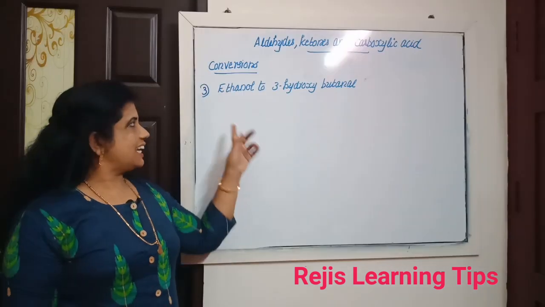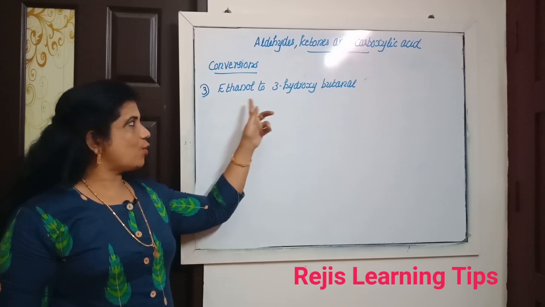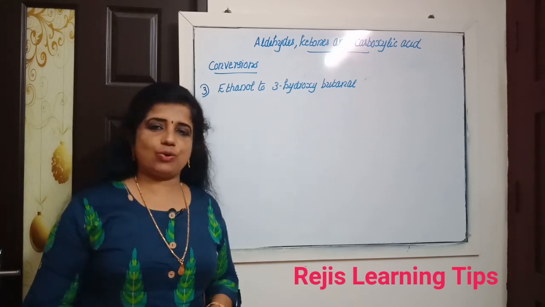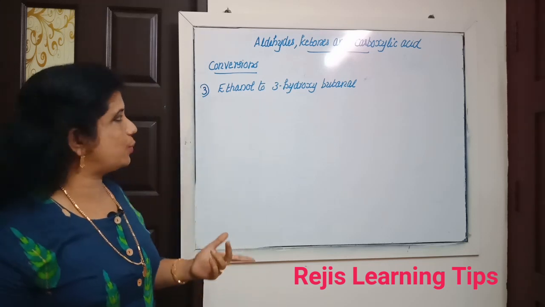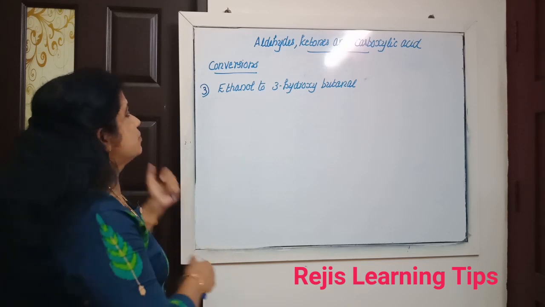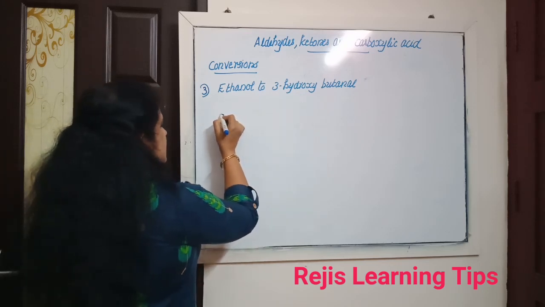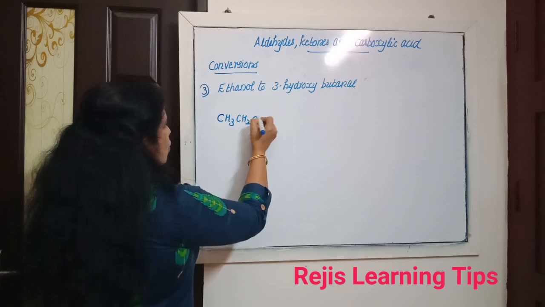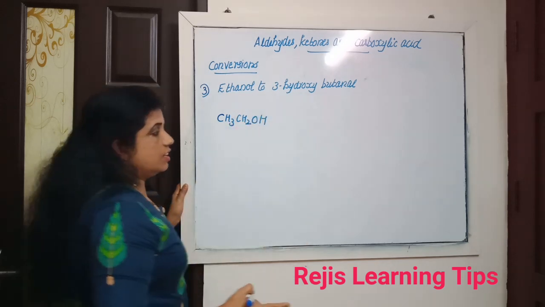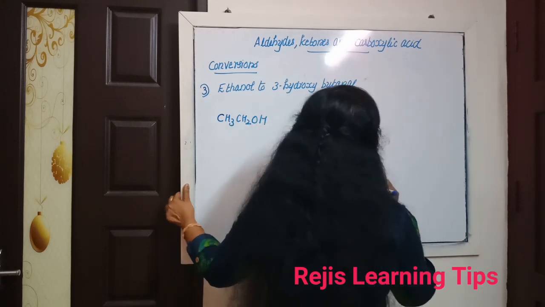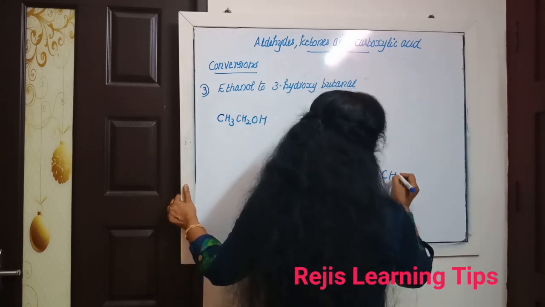The next, third question, ethanol to 3-hydroxybutanal. How can we convert ethanol to 3-hydroxybutanal? Okay, let us see. Ethanol is CH3CH2OH. We have to convert that into 3-hydroxybutanal.